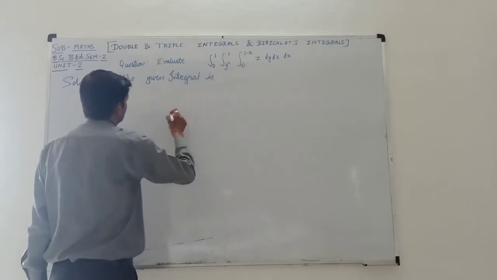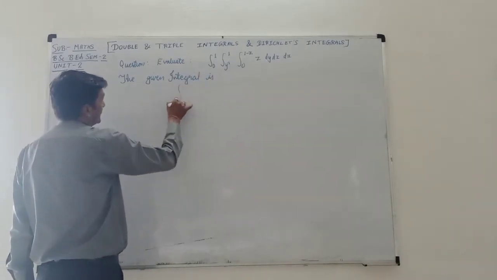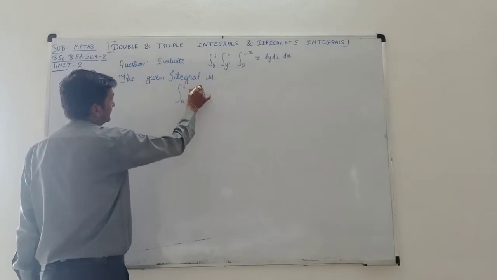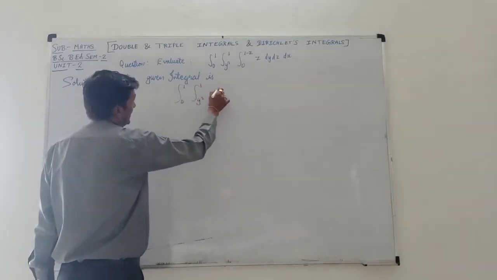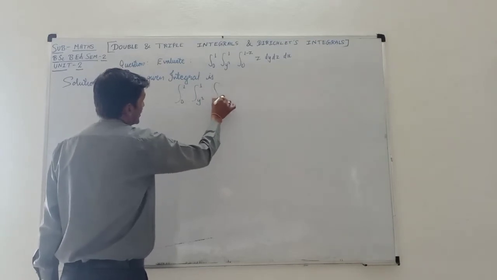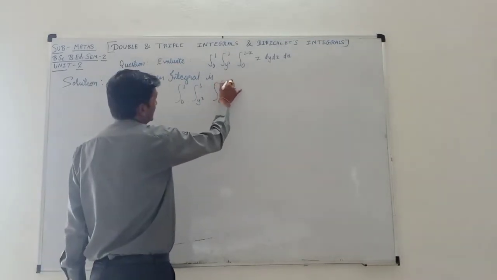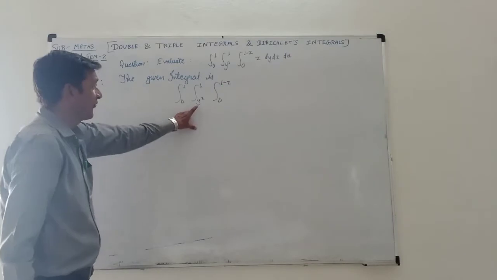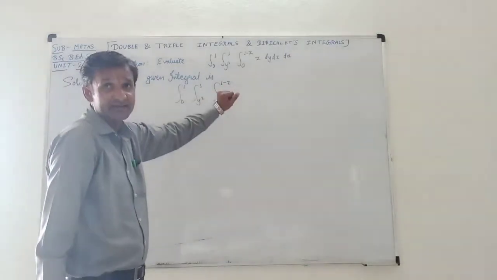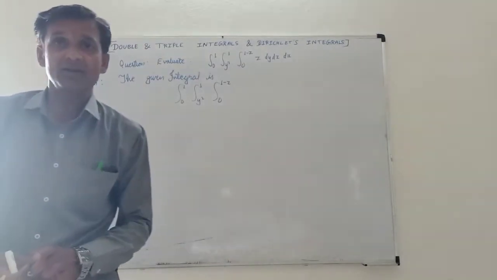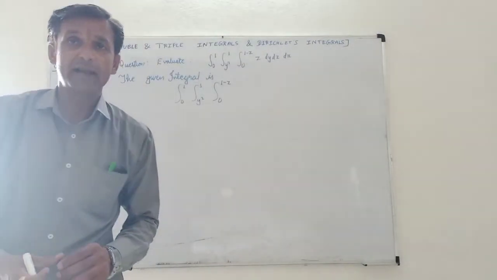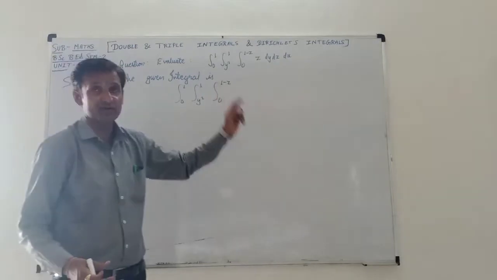is 0 to 1, y square to 1 and from 0 to 1 minus z. As the limits are given in the form of y square and z, means y and z variable form is given in limits, so that's why we have to integrate it with respect to x first of all.